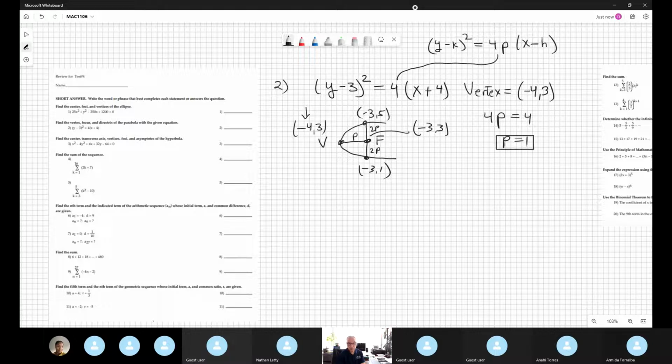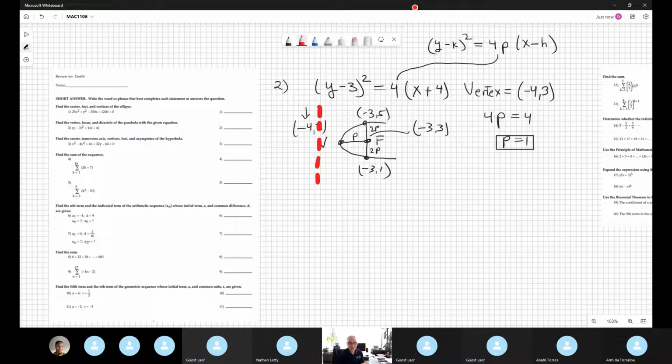Okay, so the only thing I need more is the directrix. Directrix is a line, guys. In this case, it is a vertical line, no?